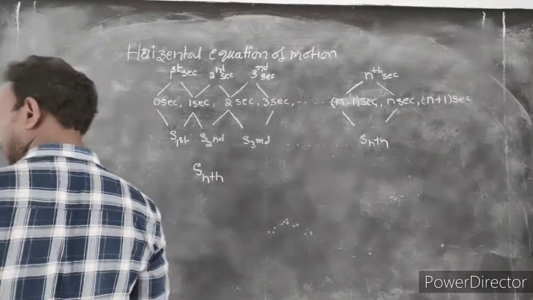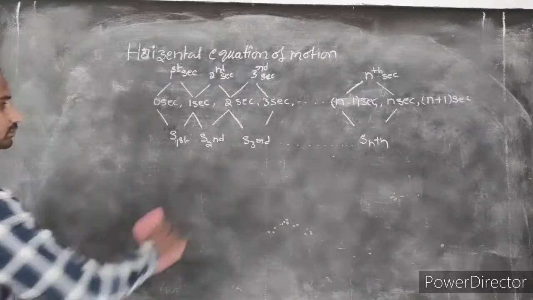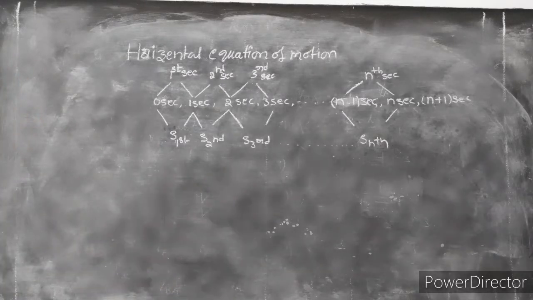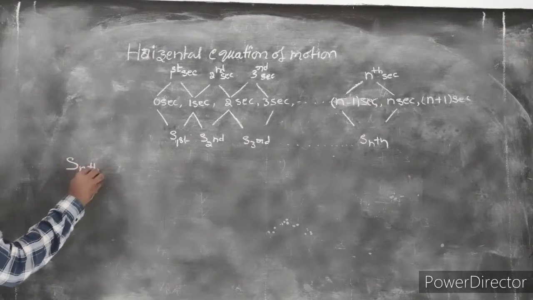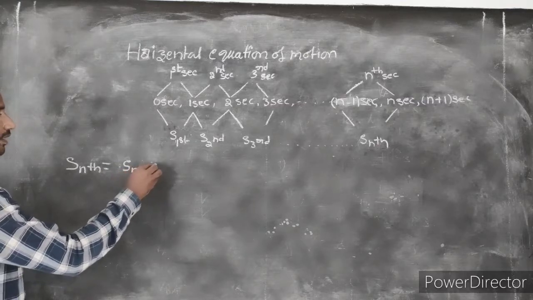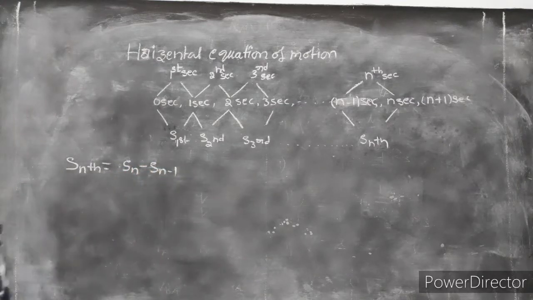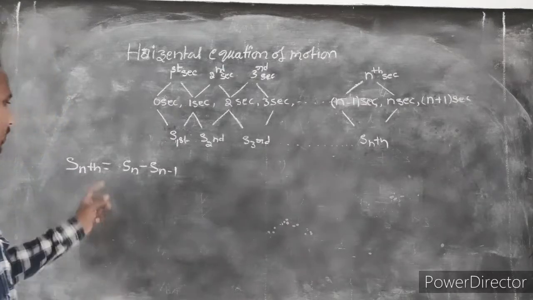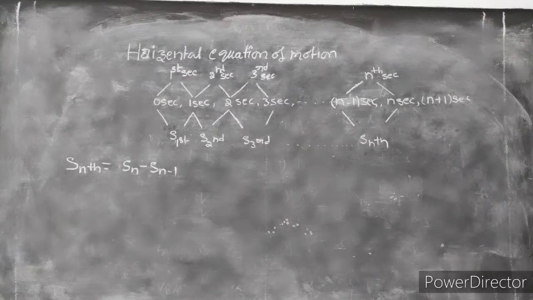Displacement at the nth second, S_n equals S_n minus S_(n-1). Understood this point? S_n equals S_n minus S_(n-1).